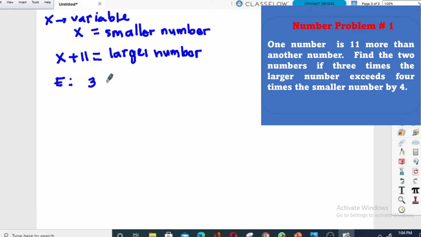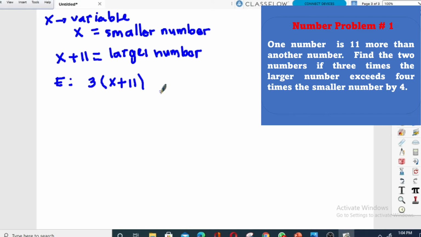What is the larger number? 3 times the larger number, x plus 11, exceeds 4 times the smaller number by 4.